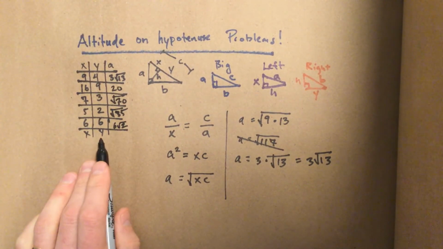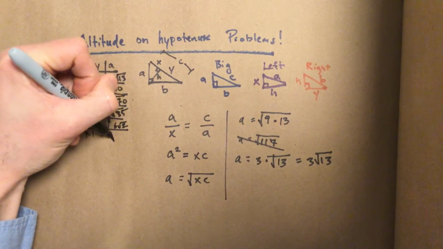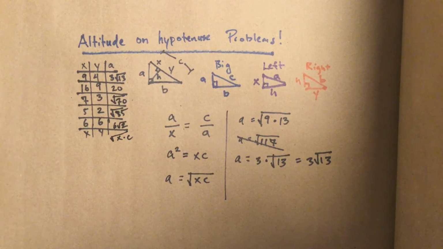And I'm going to go ahead and substitute c back in here. So I have the square root of x times c. All right.